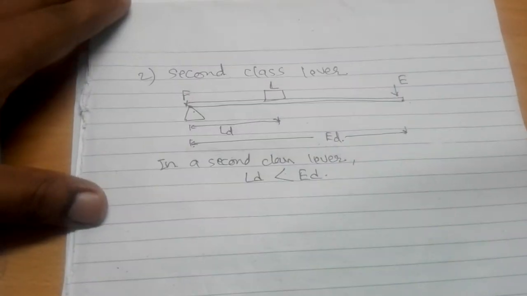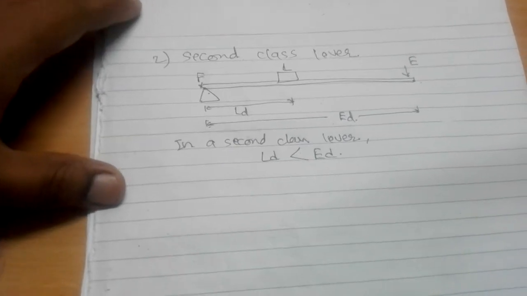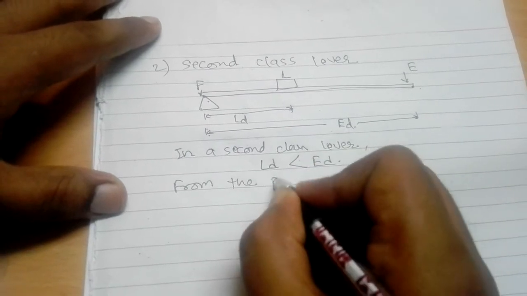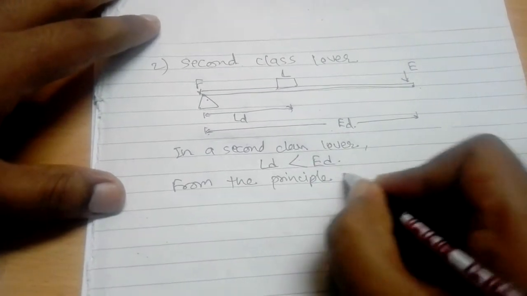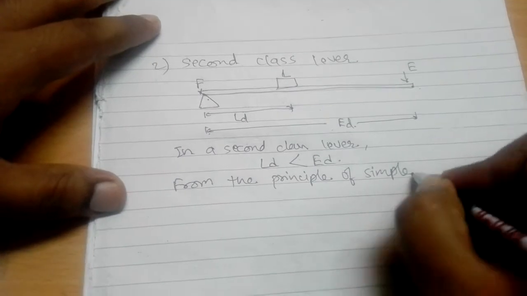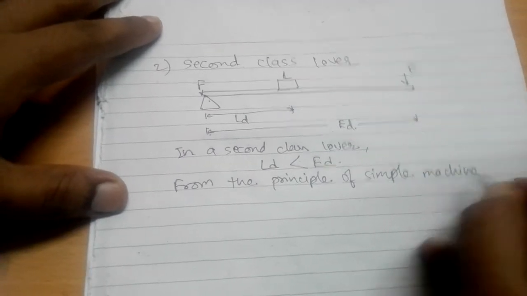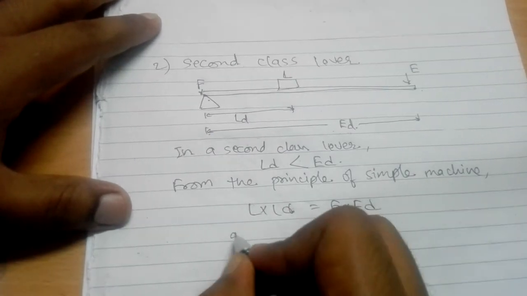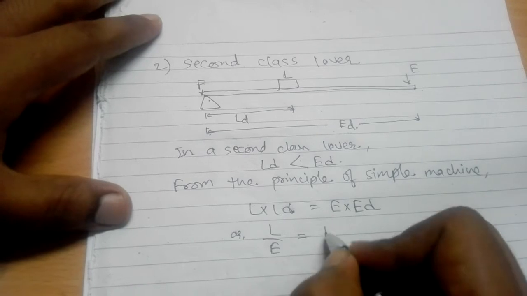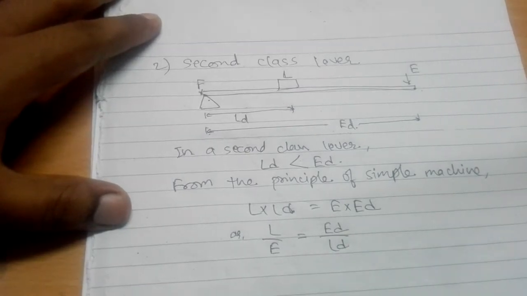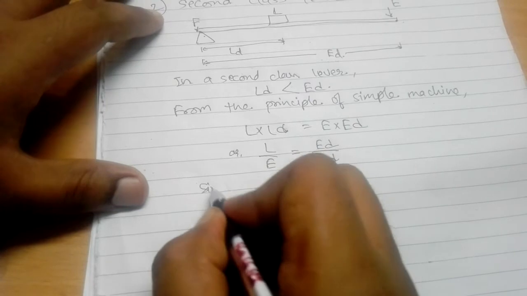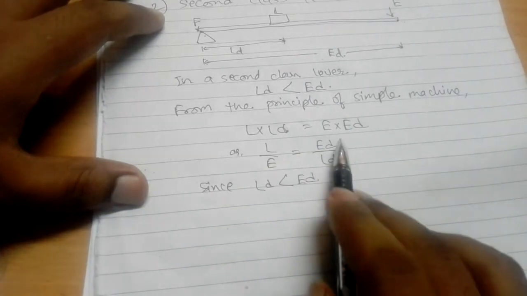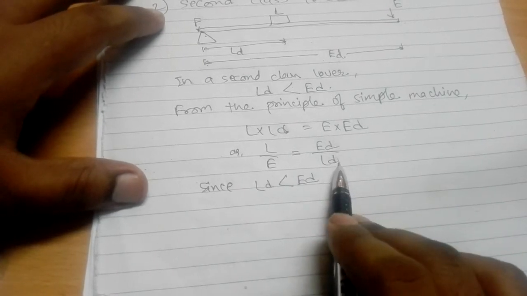Now we are going to determine what advantages are provided by second class lever. Once again we are using the principle of simple machine: L into LD equals to E into ED, or L by E is equals to ED by LD. Now since LD is always less than ED, ED is greater.